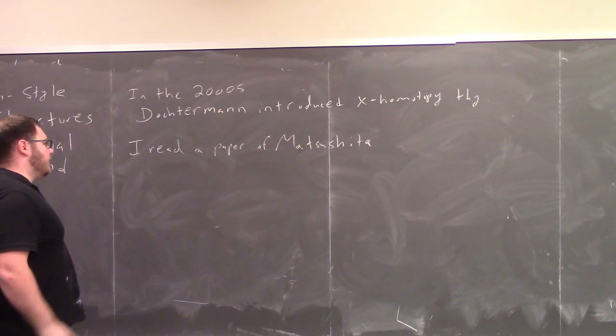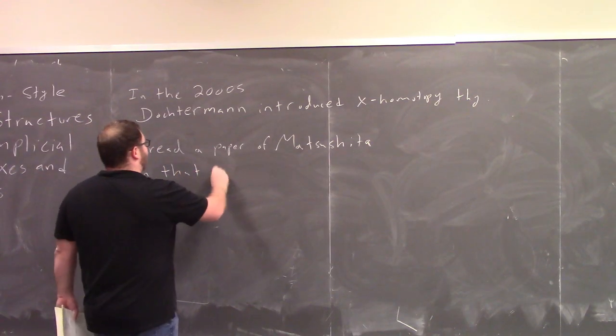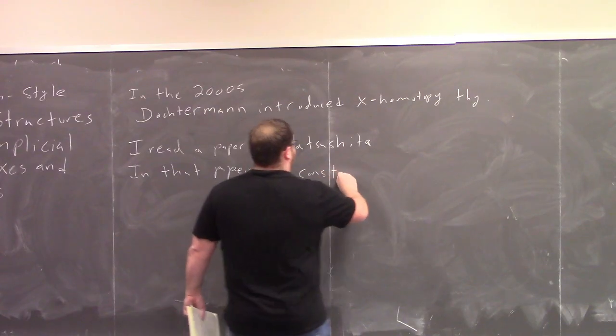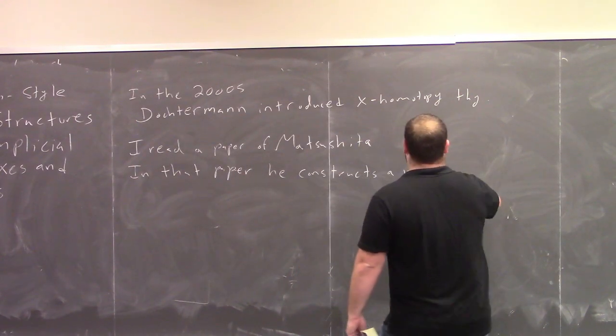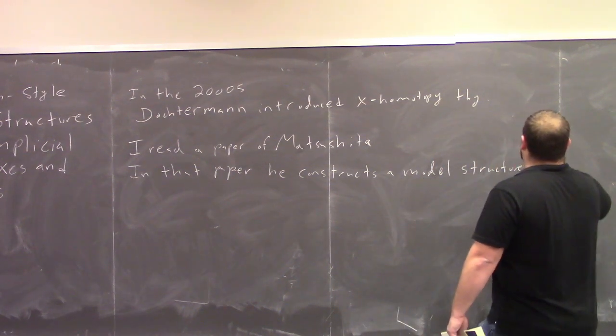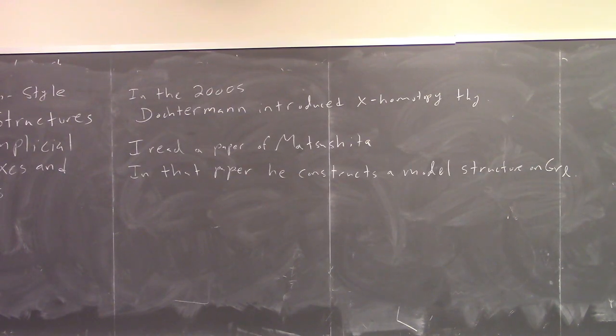In that paper, he constructs a model structure on the category of loop graphs. So here's another category of graphs.